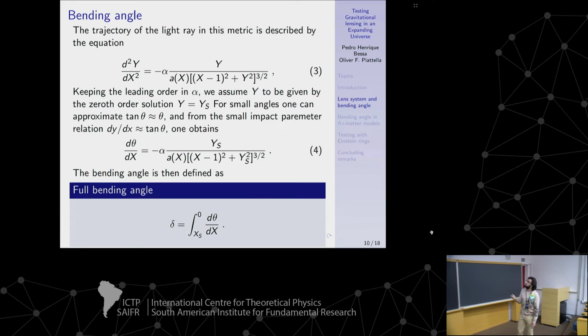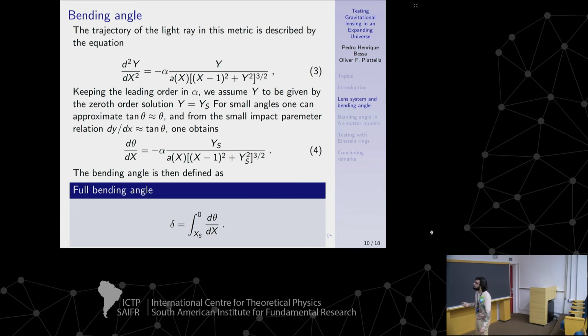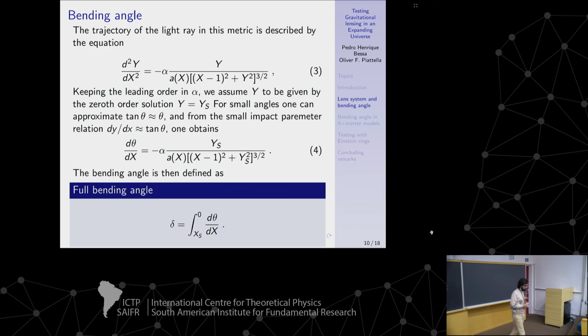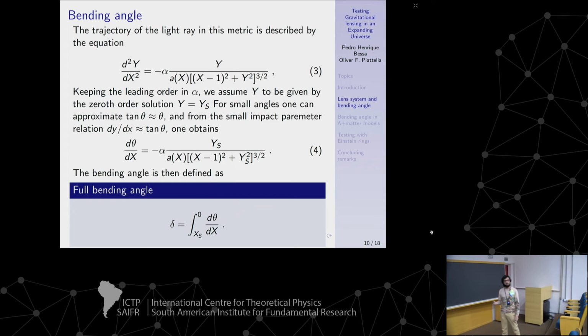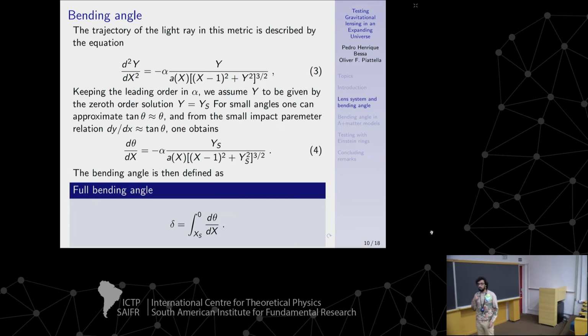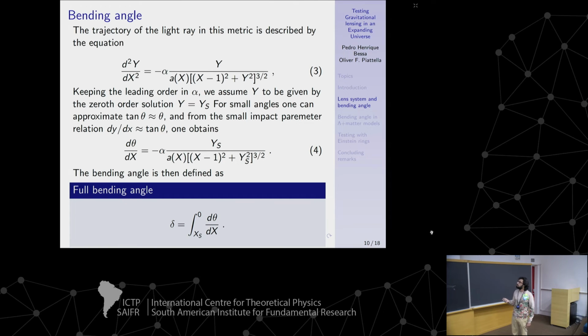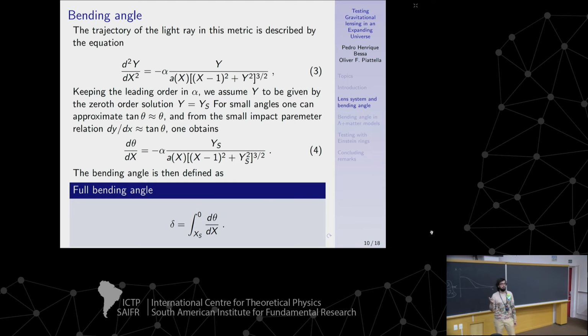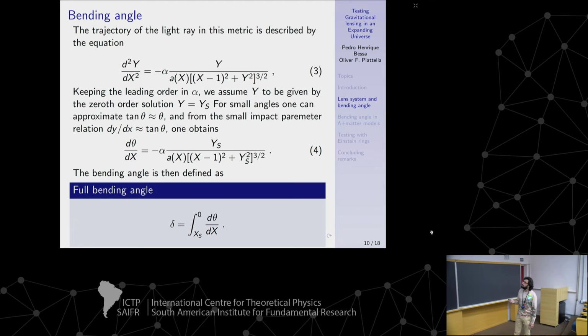And when I do this approximation, I can obtain expression 4, which gives the tangent to the null ray which I'm following, right? And the solution to this equation, I'll define as the bending angle, right, in my cosmology, in my model. So this should be the full expression.